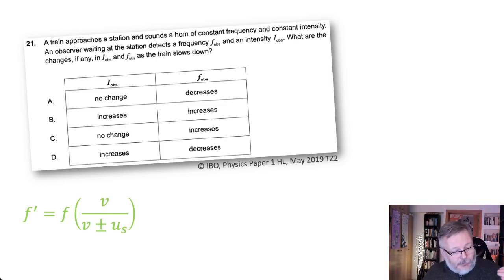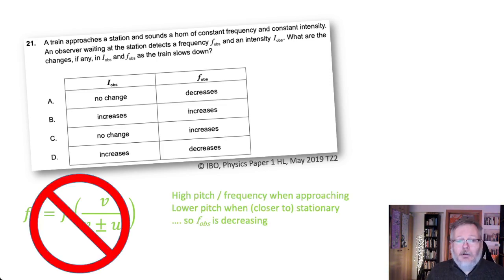As the train approaches, the intensity emitted by the train from the train's perspective stays the same, and it's getting closer. If it's getting closer, then what the observer will experience is a louder note. Intensity will be increasing, and therefore the only correct answer can be D.